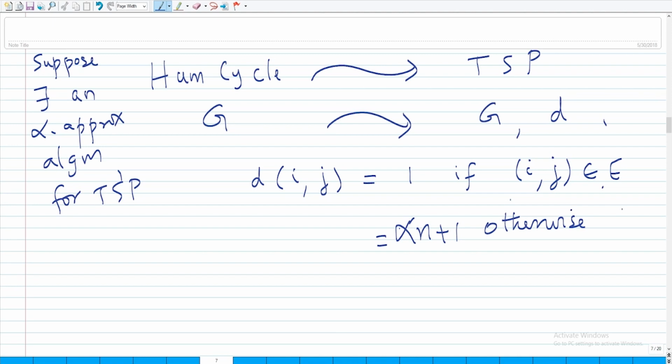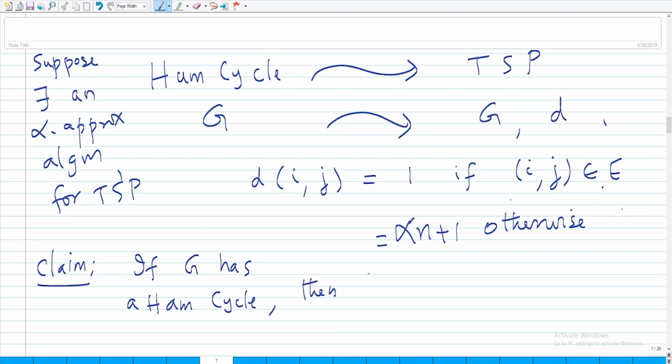So, now what is my claim? The claim is, well, one direction, if G has a Hamiltonian cycle, then the TSP problem has a cycle of total length at most n, right, there is a cycle of length n, we know that.